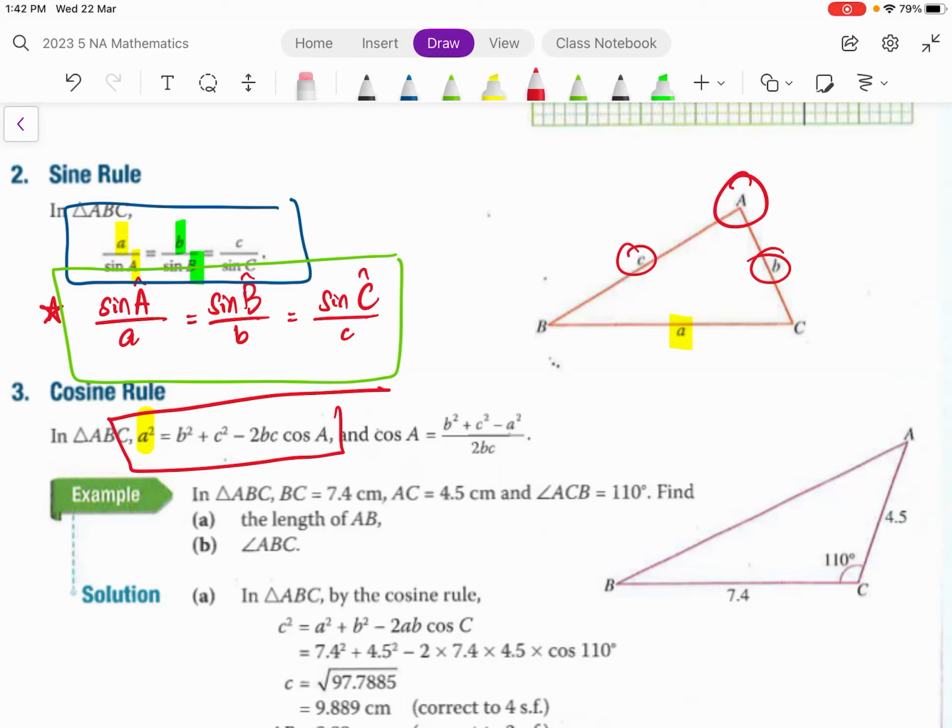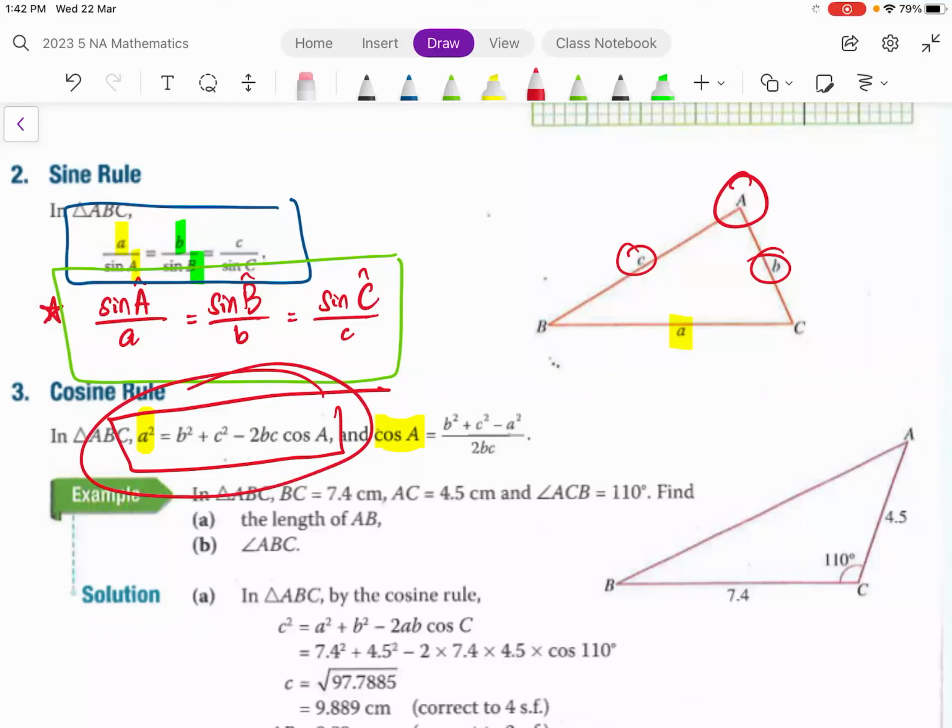Now, please do not memorize this. It is just going to confuse you. Instead, if you ever need to apply cosine rule to find angle A, you use what is given to you, the one I circled in red, and you just make cosine A the subject yourself.